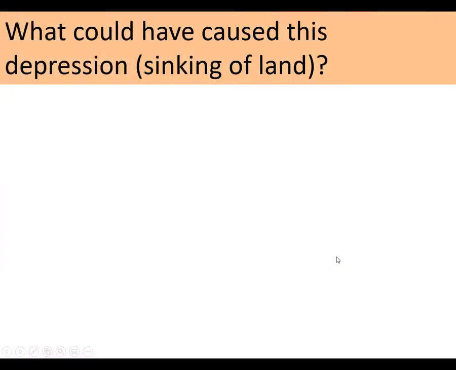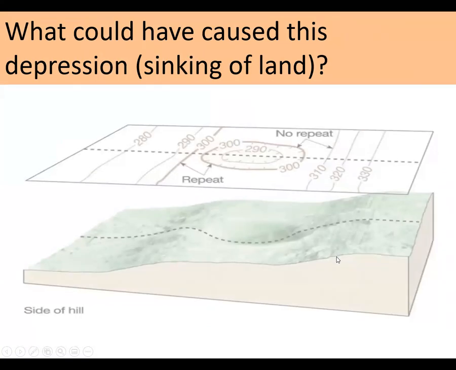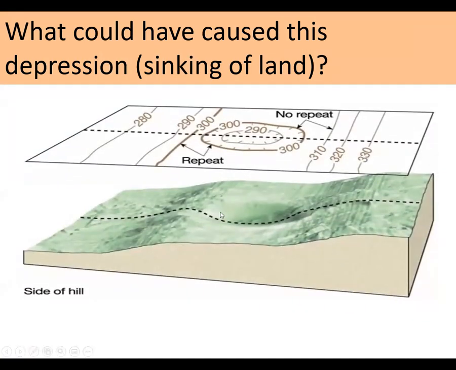What could have caused this depression or sinking of land? Things like this do happen, and some of them actually cause danger or actually cause people to get hurt. And there are different reasons why depressions happen.